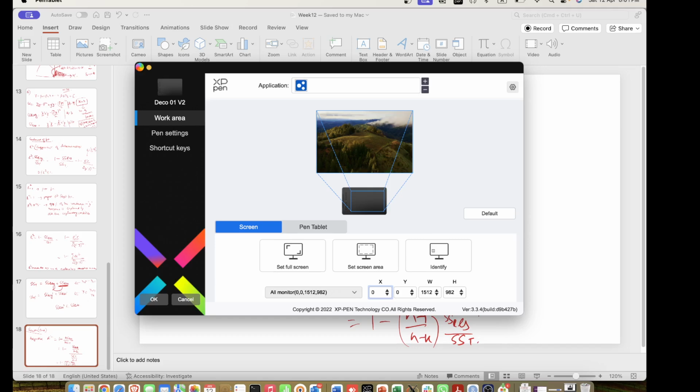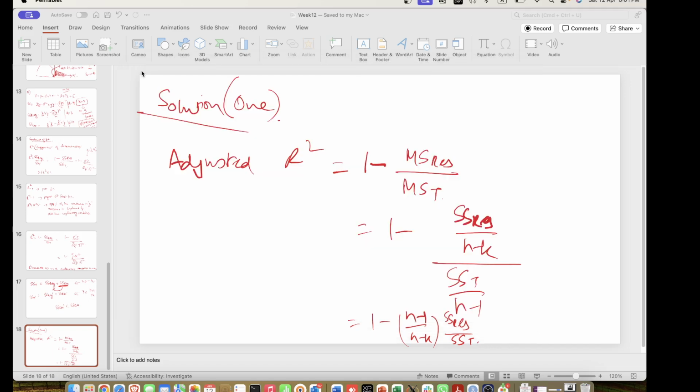But if the penalty for including more variables is more than the decrease in the residual sum of squares, then our adjusted R square is going to be less. So instead of using R square, perhaps a better metric is adjusted R square.